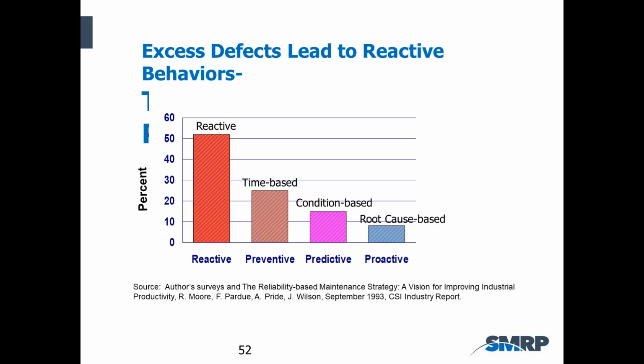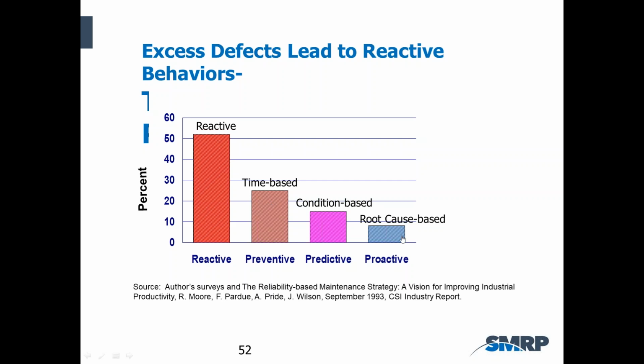Now, here's some data. This data is kind of dated, actually. We did this study back almost 30 years ago. Highly reactive, a lot of operations out there. Now, this has improved over the past 10, 15 years, but there's still a high degree of reactive maintenance, a little time-based, a little condition-based, a little root cause-based.